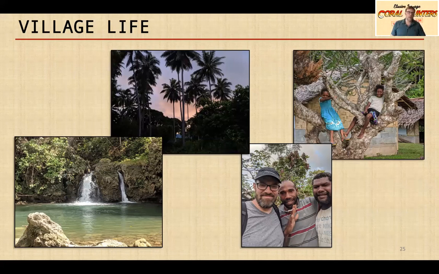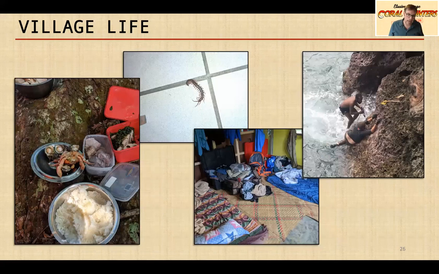So village life. Our meals usually consisted of root vegetables or rice, cabbage, sometimes seafood like sea snails, crab, the occasional fish, very little protein. It was usually prepared for us by the folks in the village. We prepared some meals for ourselves, sourced from our weekly to bi-weekly supply runs back to Luganville.